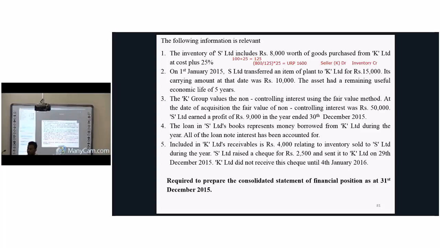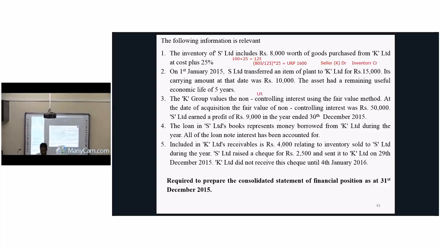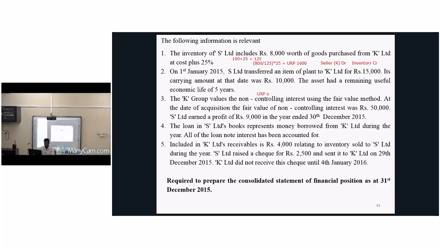The carrying value on that date is 10,000 and it has been transferred at 15,000. So there is artificially added profit, unrealized profit on PPE from intercompany trading, of 5,000.